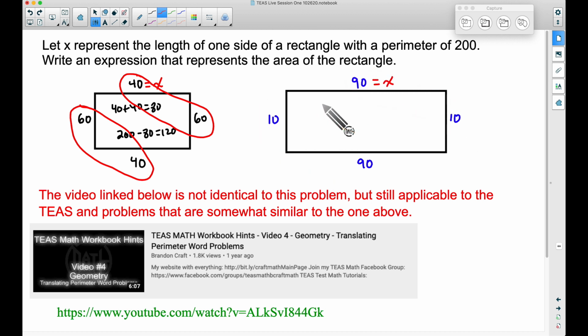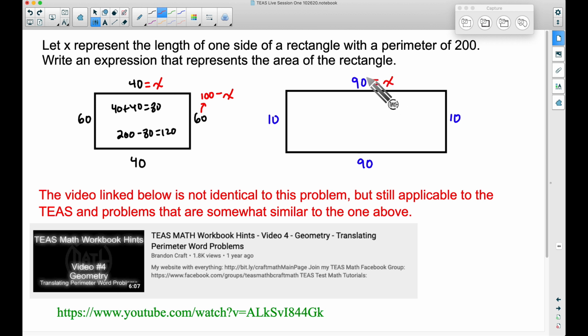Well, here's what you can really do. If this is x, for this side here, we can take 100 and subtract whatever that number is. Check it out. If x is 40, 100 minus 40, hello, that's 60, right?